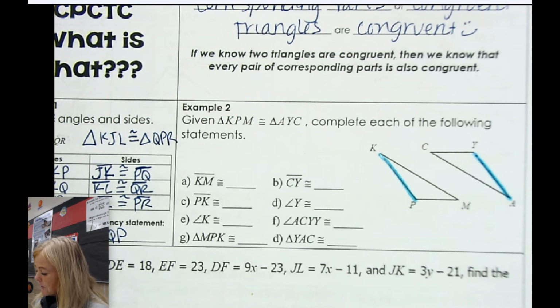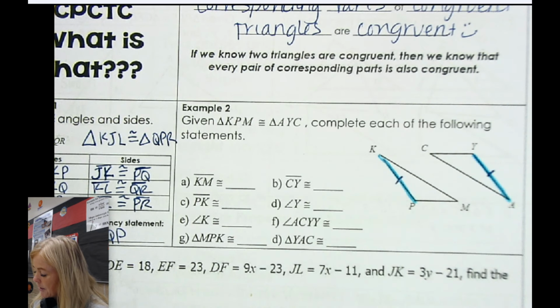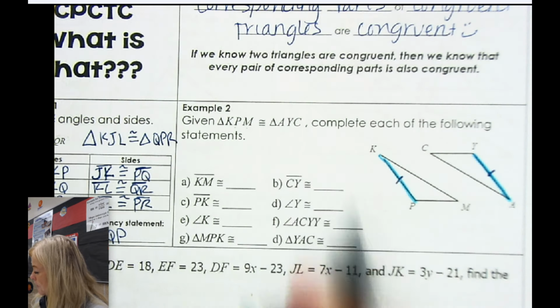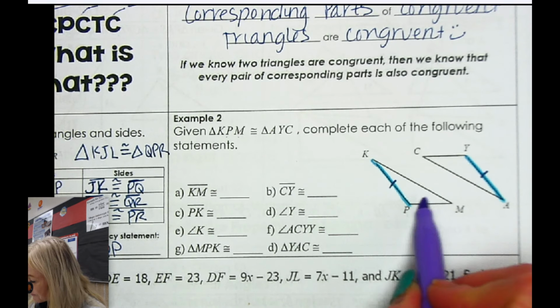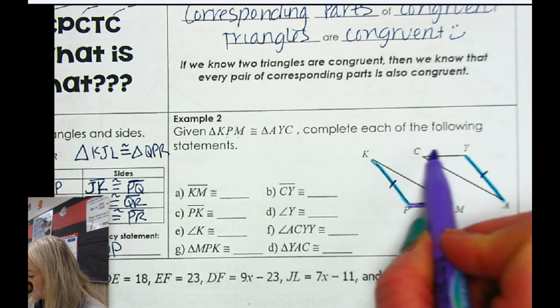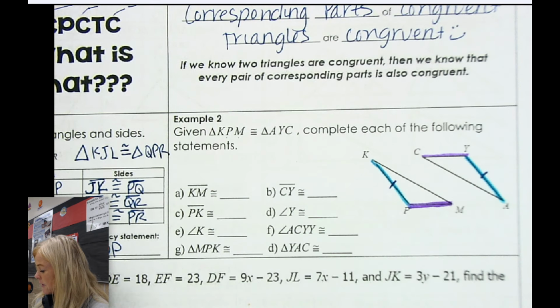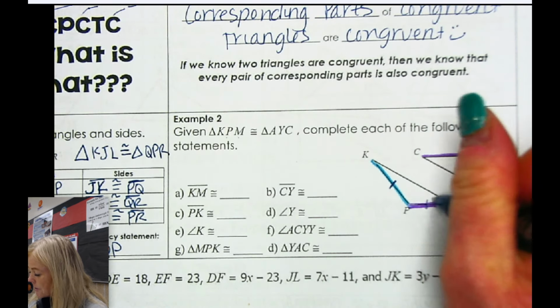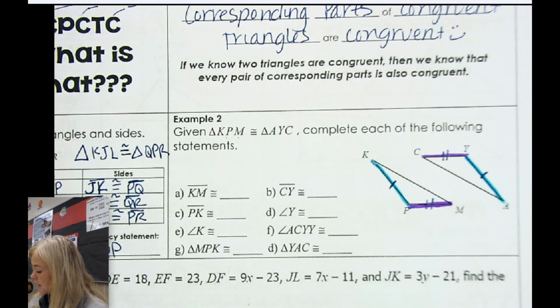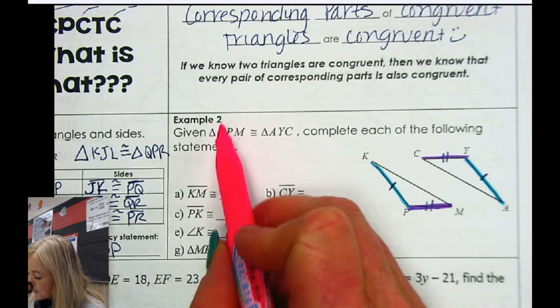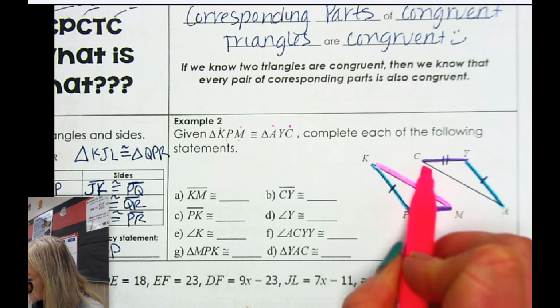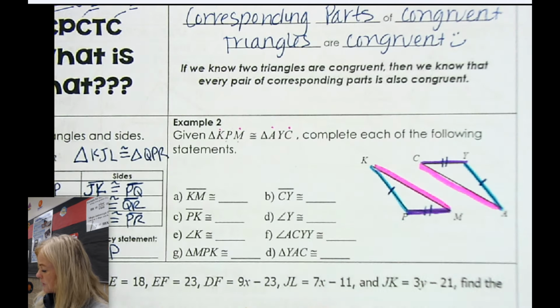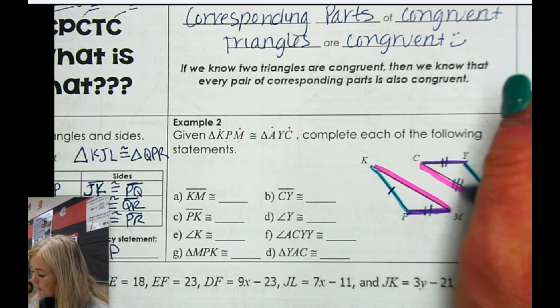KP is congruent to AY. Then PM is congruent to YC, and we can give that a double dash because those two are congruent. And then KM, notice that's first and last, and then AC, first and last. Okay, those two are congruent. Give them a double mark.